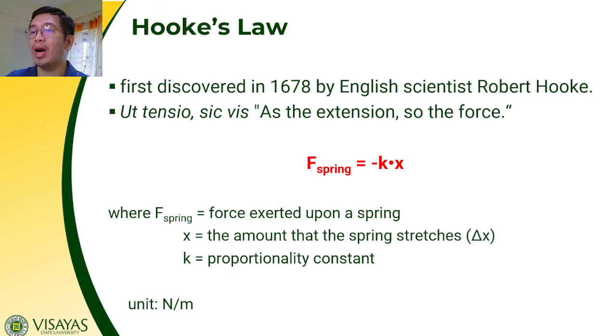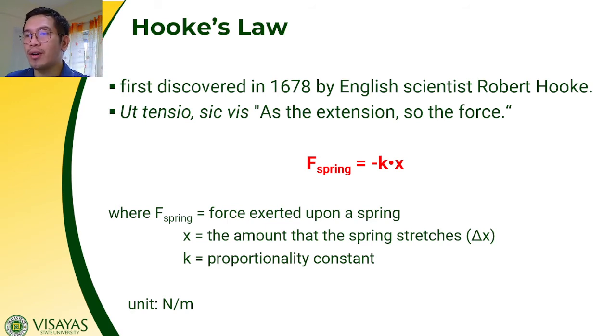So for example, if you have a stiff spring, kanang gahion nga spring, it would have a high spring constant. This is to say that it would take a relatively large amount of force to cause a little displacement. So kung gaya ang spring, you still have to pull it very hard. You have to exert more force in order for it to have displacement.